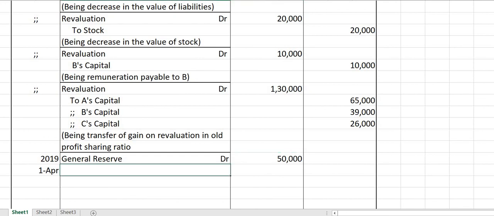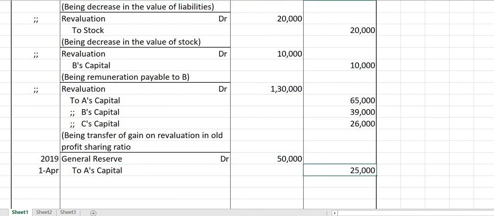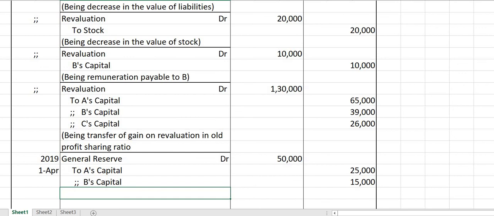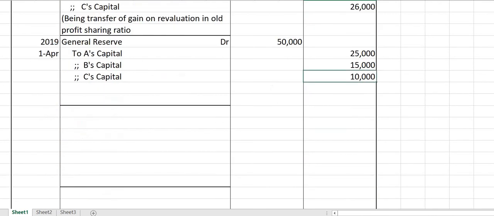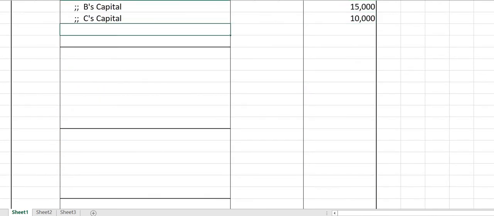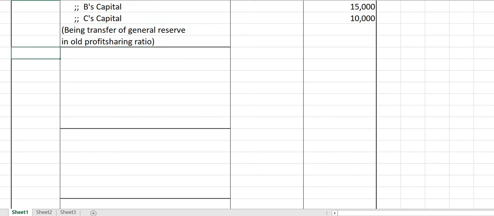General reserve debtor 50,000 to A's capital 25,000, to B's capital 15,000, and to C's capital the remaining 10,000. So the narration was being transfer of general reserve to partners' capital in their old ratio.